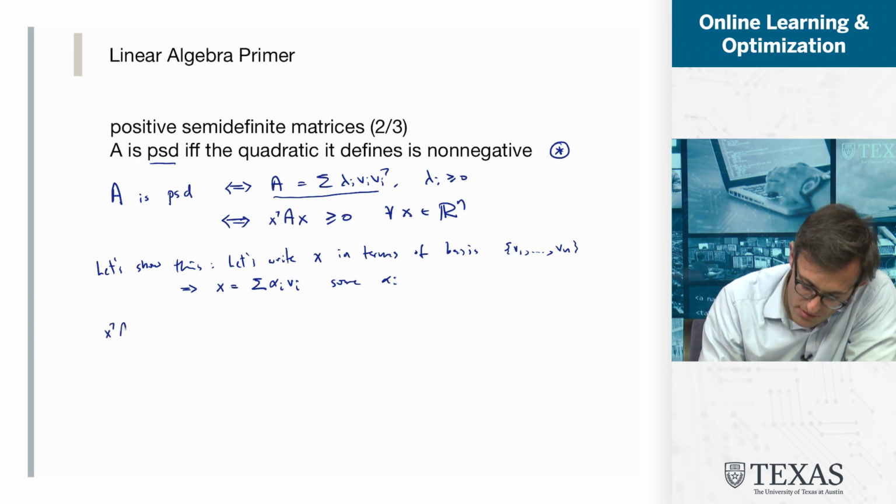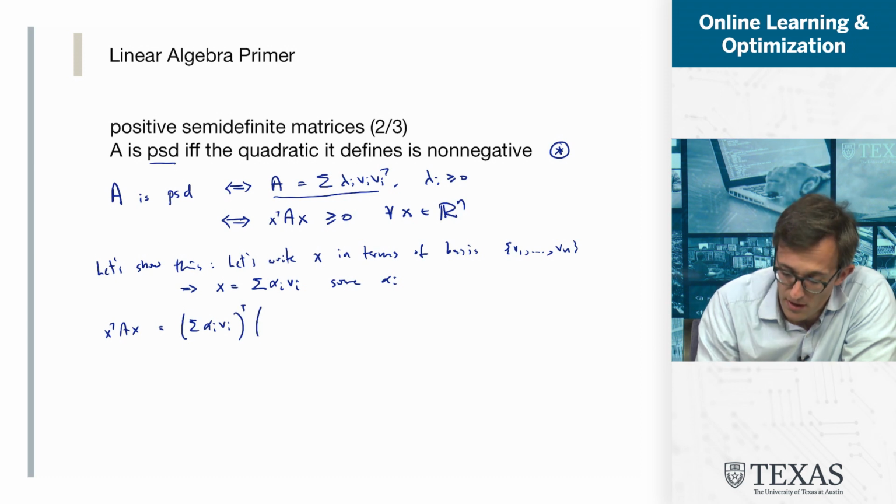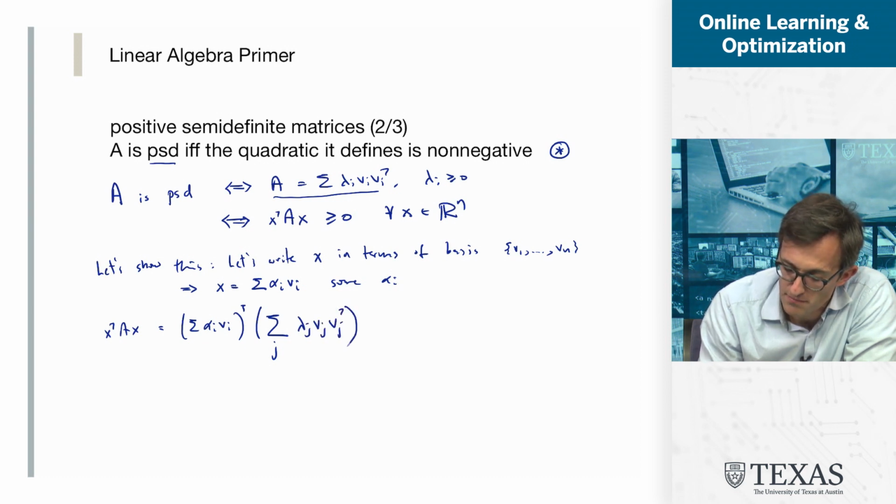Now let's actually do this calculation. x transpose Ax is equal to the sum of alpha i vi transpose, that's x. Now I'm going to write A using this expansion, with a different index of summation, j, so we don't get confused: lambda j vj vj transpose. And I need another x, with index k, which is the sum of alpha k vk.